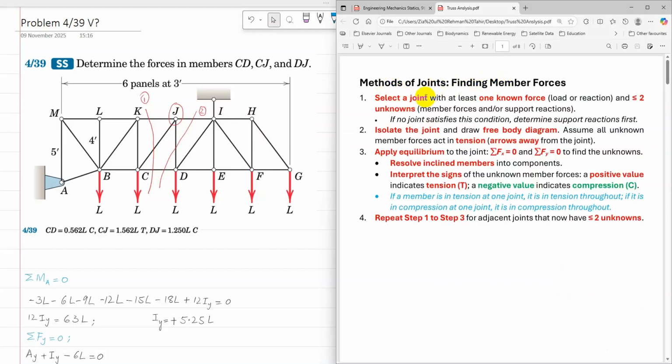So select a joint with at least one known force and less than two unknowns, isolate the joint, draw a free body diagram, and assume all member forces act in tension, arrows away from the joint. Then apply equilibrium conditions sigma Fx and sigma Fy equal to 0 and resolve the inclined member. Because CJ is an inclined member, we already know its angle. So I'm going to solve joint J using the method of joints.